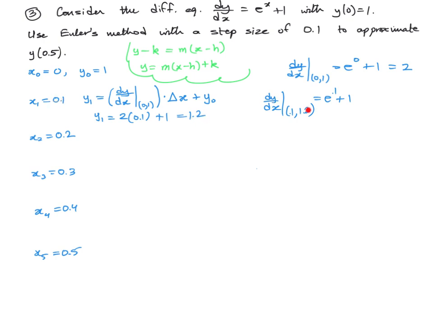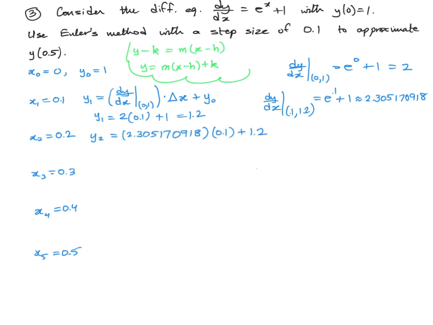So dy/dx evaluated at 0.1, 1.2, and I plug this point into the dy/dx equation. So I end up with this, and I'm now going to give you a decimal. So this now is going to be the slope of the line that I'm going to follow in order to get to the next point on Euler's method.